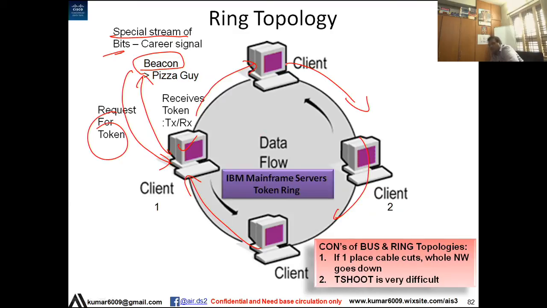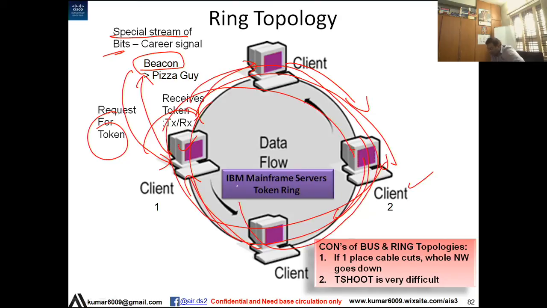So they put the data, whatever they want, and send it to client 2, right? The beacon delivers and comes back next round. Once the delivery is done, whatever you want to send, you send, whatever you receive, you receive, then you give the token back to the beacon. The beacon holds the token and keeps roaming again.